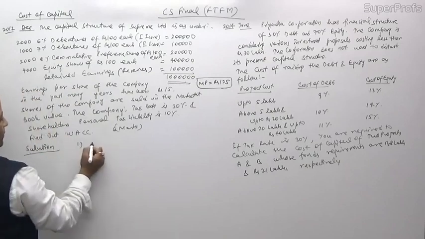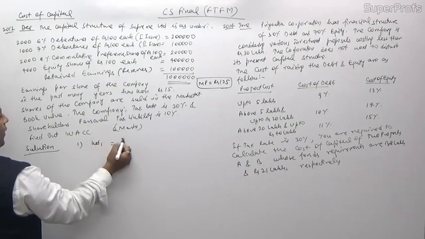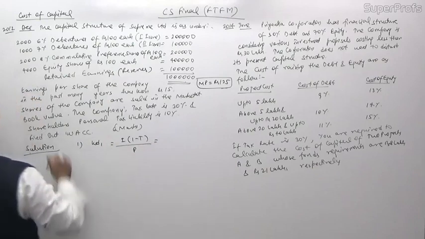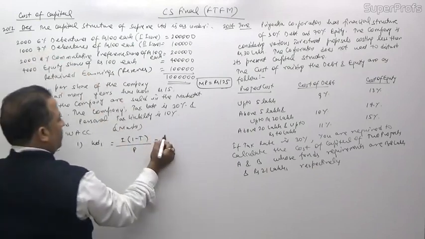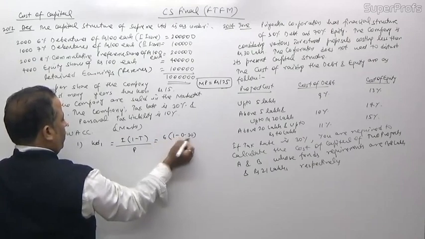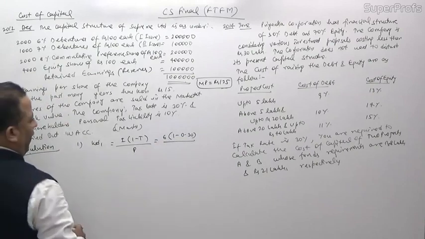To calculate the cost of debt 1: I(1 minus T) divided by P. I is 6%, and 1 minus tax rate of 30%. P stands for flotation price, market price or face value.